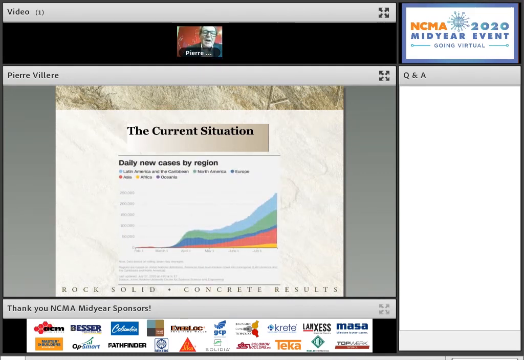So here's an interesting graph. This deep blue is Europe, and you can see what a good job Europe has done, because this is a very narrow band. They've got it under control. This is Latin America and the Caribbean. As you can see, that blue is expanding. Likewise, you see North America, that's us, the United States and Canada.